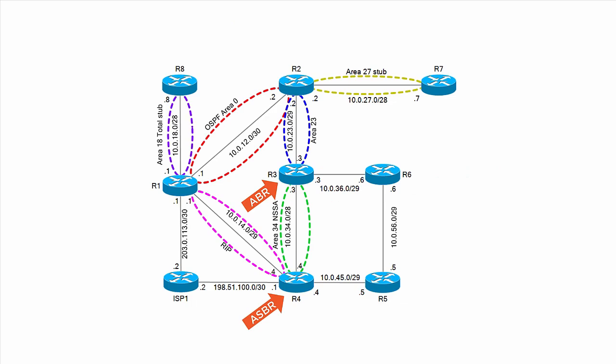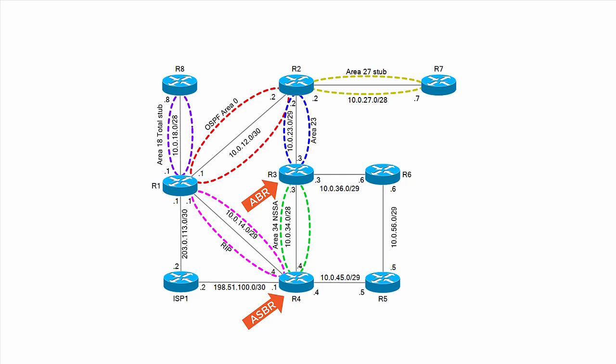Here, R4 is an ASBR that sits on the border of OSPF area 34 and our RIP v2 domain. Now, for the moment, let's assume that area 34 is a normal area, not an NSSA, as the network diagram shows. Assuming that R4 is redistributing RIP routes into OSPF, it would generate a Type 5 AS External LSA. But R3, the ABR, does something as well.